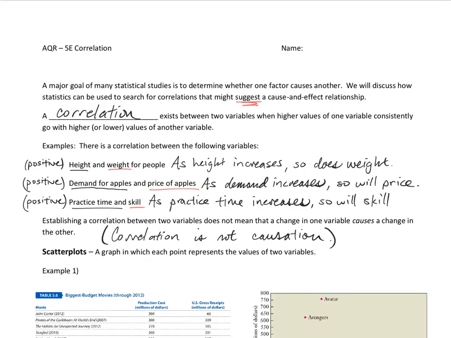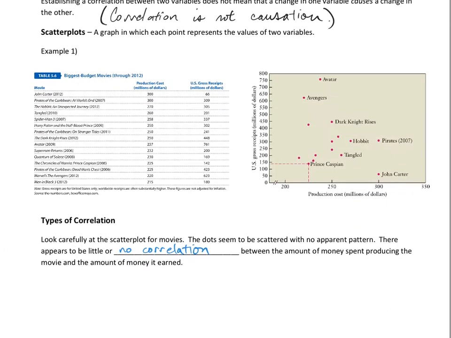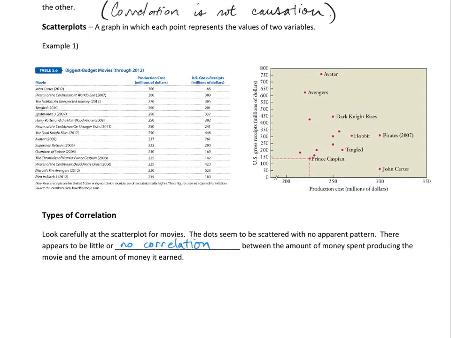All right, so scatter plots. Scatter plots are how we can look at a graph and see if there's a correlation. When we look here, I want this to be known because we have this information in front of us: both variables here, the production cost for movies and the gross receipts for the movies, are both quantitative.